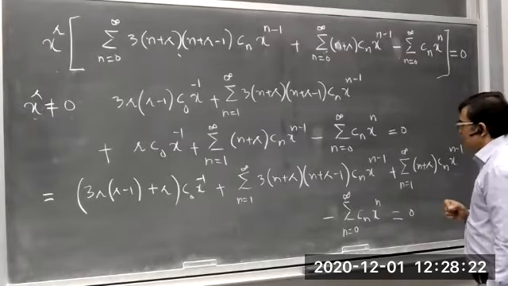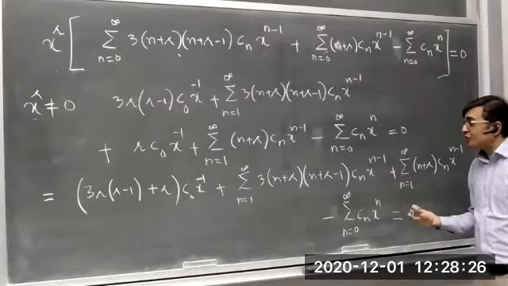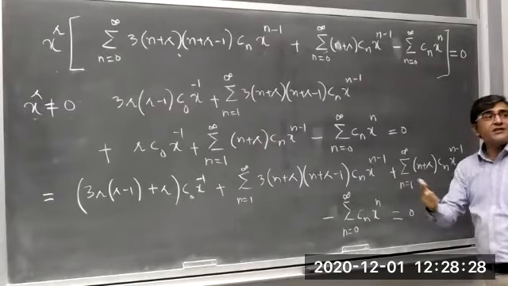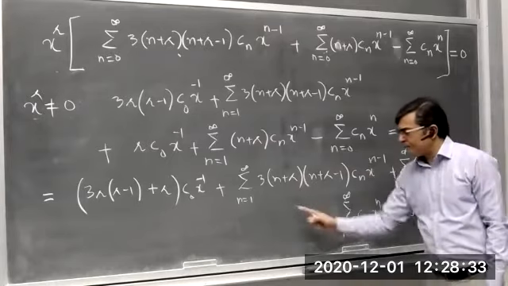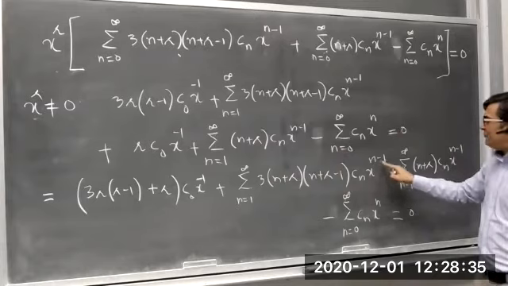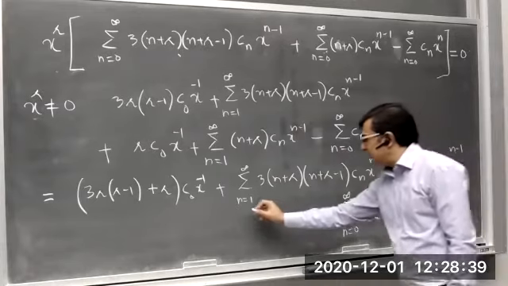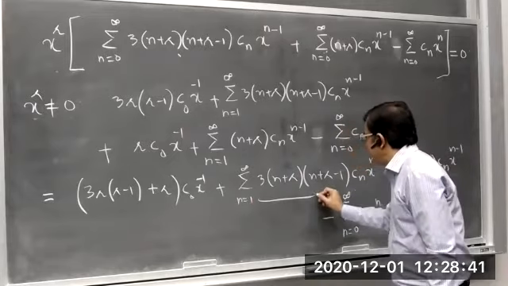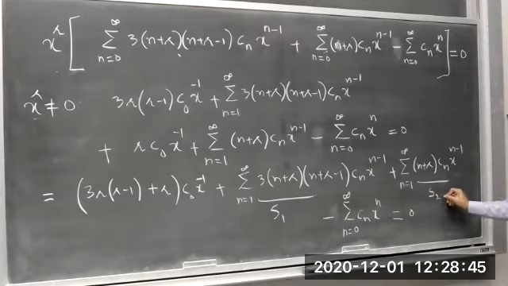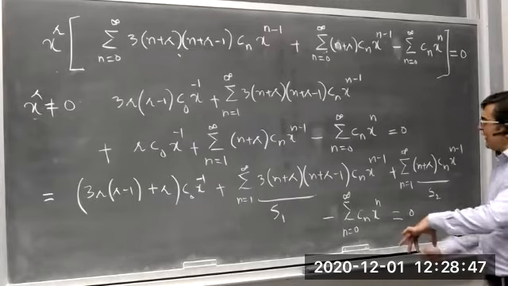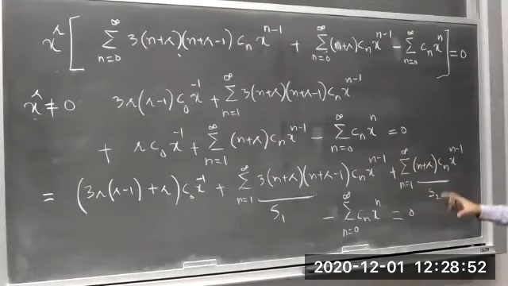What we used to do in the power series method, we make some substitutions. We put here n minus 1 is equal to some other variable. We try to change the index here. N minus 1, we put here n minus 1 is equal to some k. And then let me call this series as S1 series and this series as S2 series. Now I'm going to make the exponents of x in each series identical.